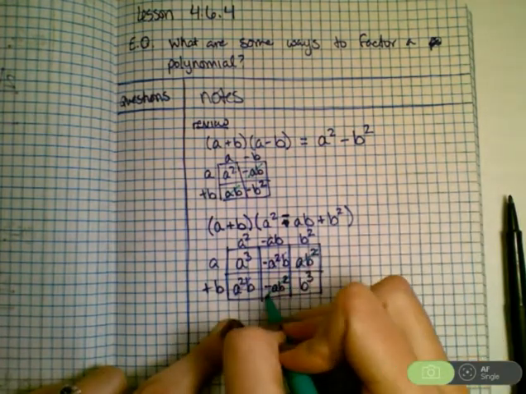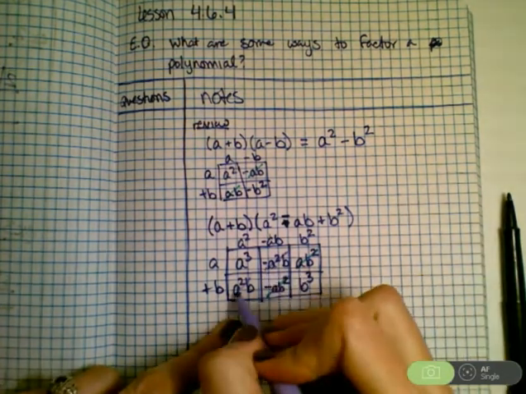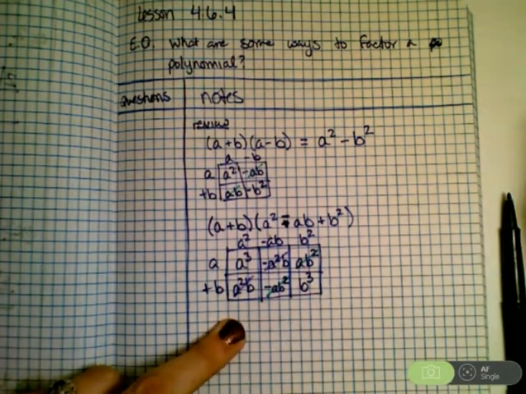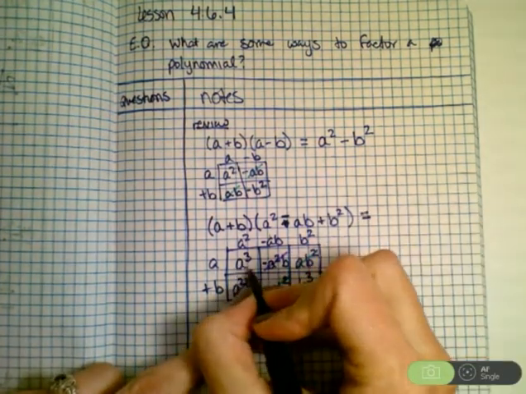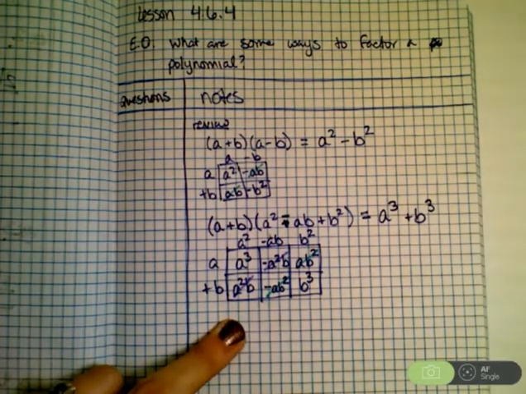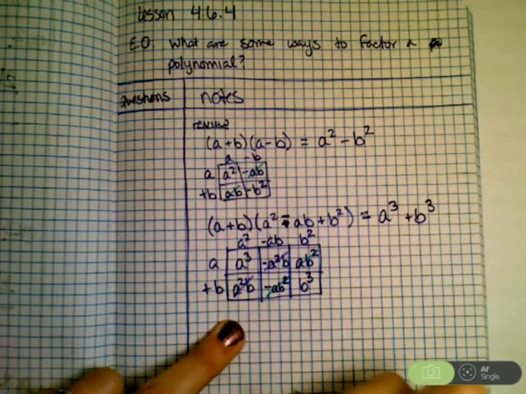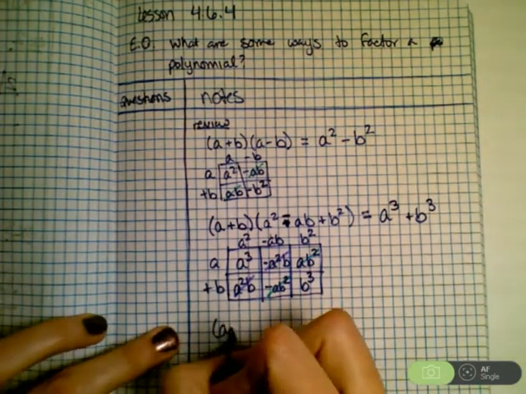And I know this isn't showing up super well, but it doesn't really need to because you want to know that it was there, but it canceled out. So when we multiply that all out, we get a cubed and a b cubed.